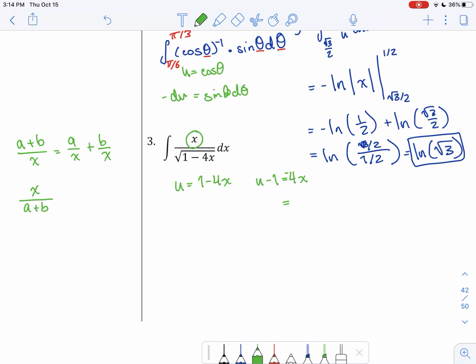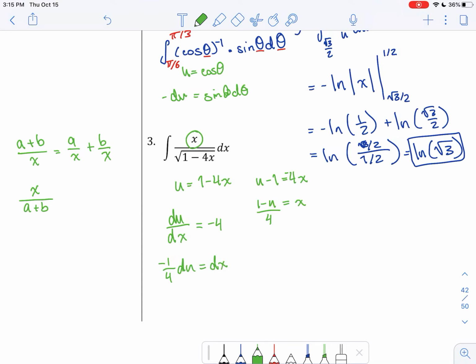So therefore x is equal to 1 minus u over 4. This is just using our basic algebra skills from earlier classes. And here du dx is equal to -4. So dx is equal to -1/4 du.